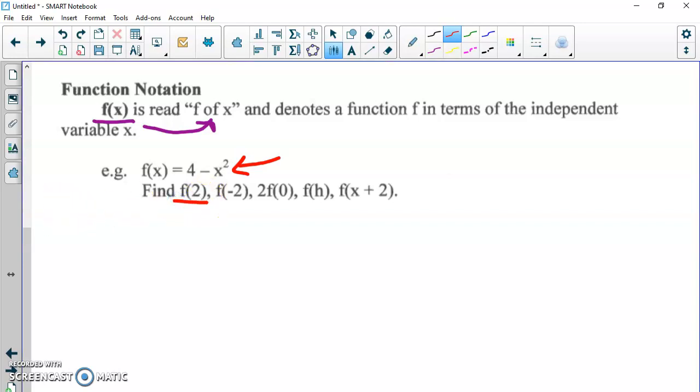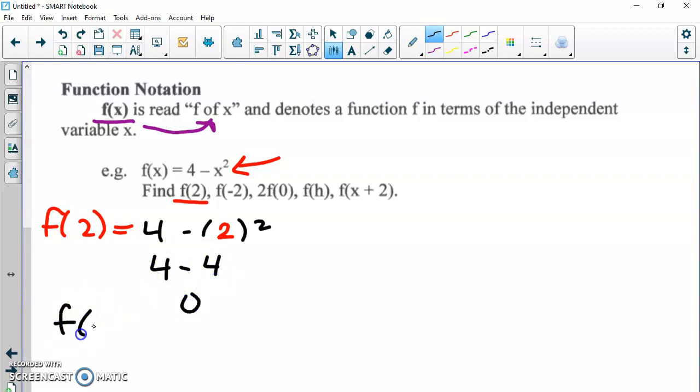So f of 2. What that means is 2 is replacing the independent variable x. So 4 minus x squared. I am replacing x with 2, and I am solving that out. So in this case, this will be 4 minus 4, which is 0. So f of 2 equals 0.